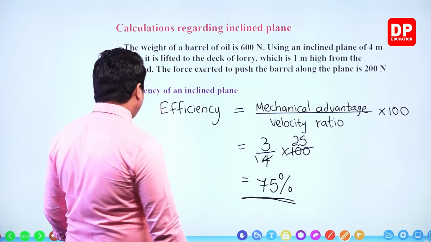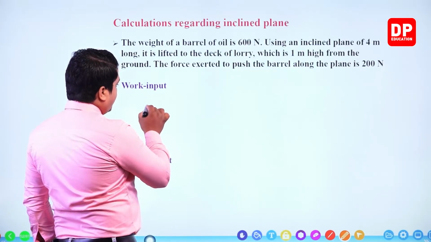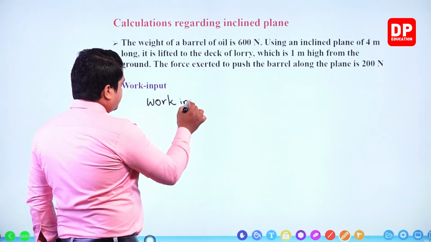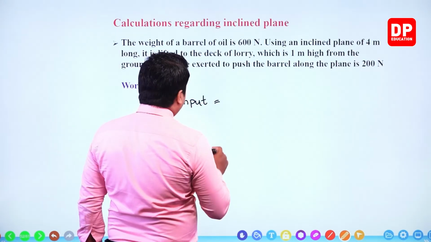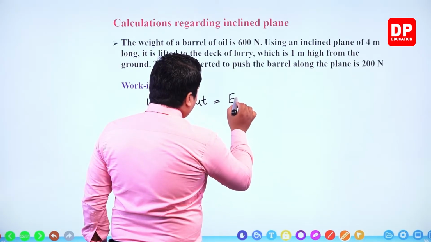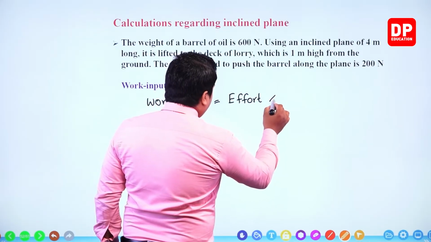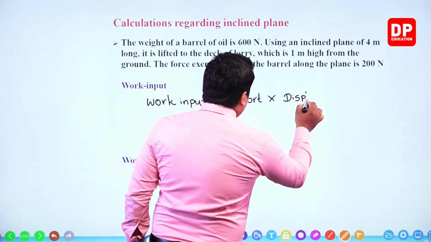Then the next one, work input and work output. Work input is equal to effort multiplied by displacement of the effort.